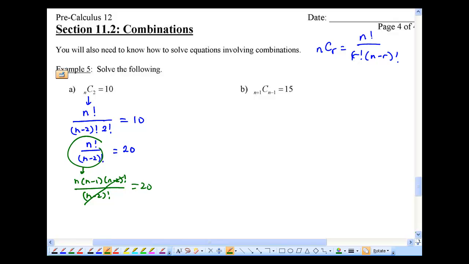So you're just left with n times n minus 1 equals 20. n squared minus n equals 20. It's going to move up here. Do some nice moving everything to one side. Oh yeah, time to factor again.